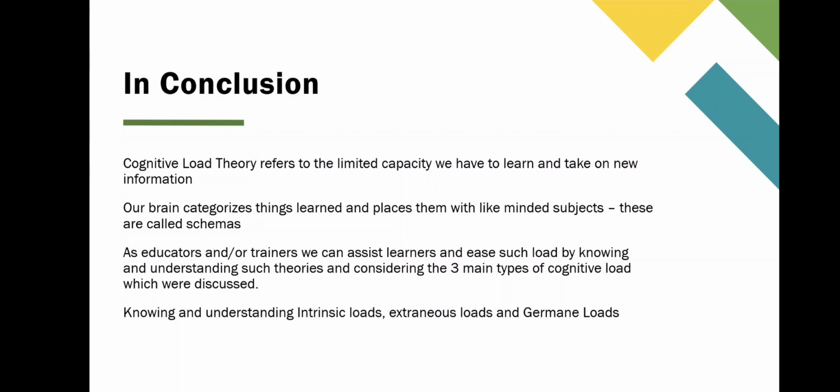As educators and trainers, it is important for us to assist our learners in easing the cognitive load by knowing and understanding such theories as the cognitive load theory, and we can consider the three main types of cognitive load that were discussed. Knowing and understanding these three types of loads, intrinsic, extraneous, and germane, are key in helping our students and learners not to feel overwhelmed, frustrated, fatigued, or lose motivation in the learning process.